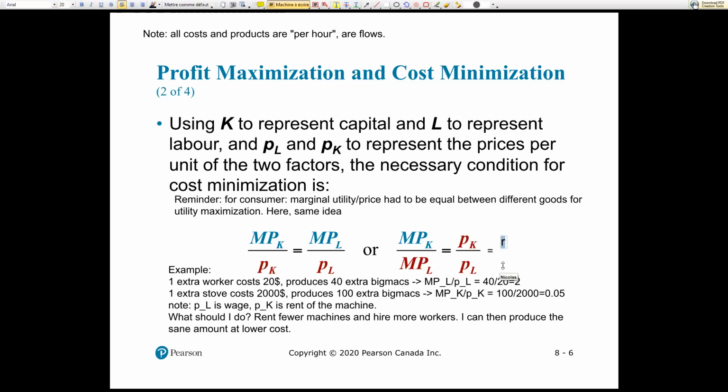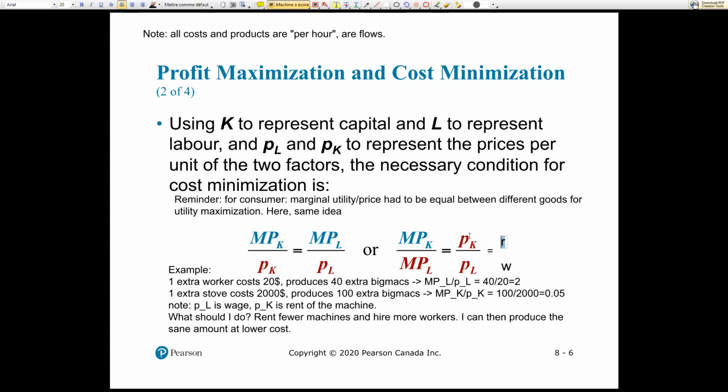And here, what is the price of labor? How much does it cost me to get some extra worker? Their wage. Yes. So PK and PL are abstract.